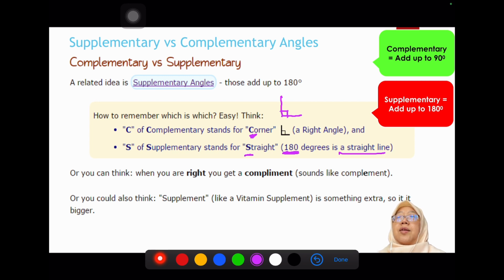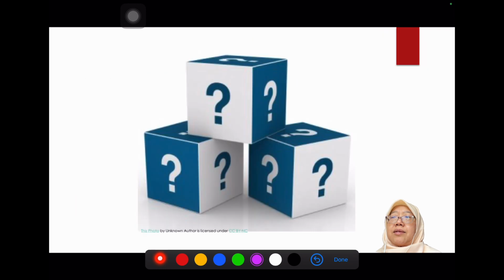Supplementary, straight line. Or you can think, when you are right, you get a complement, so the complement is this C here. Supplements are like vitamins, something extra. So you can think of ways to remember the complement versus supplement angles.